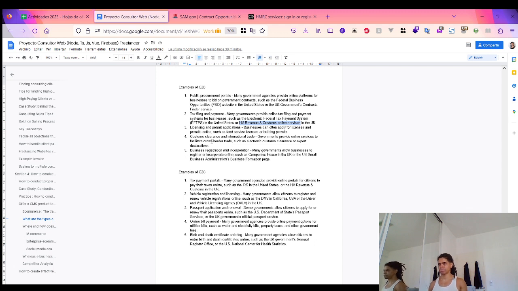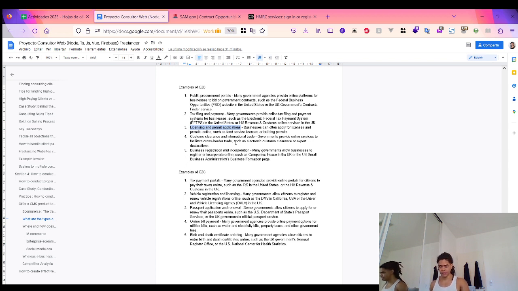Okay, licensing and permit application. So business can often apply for licenses. VAT was a tax, or VATs are widely applied in Venezuela and in places like South America as well, as a way for governments to collect money from consumers.